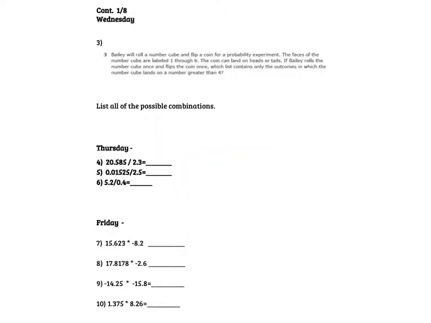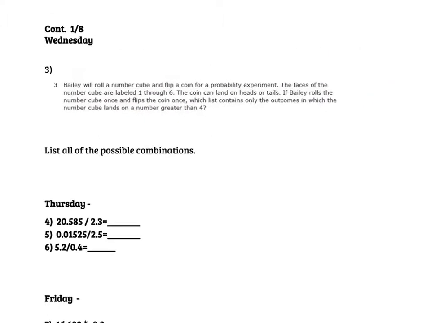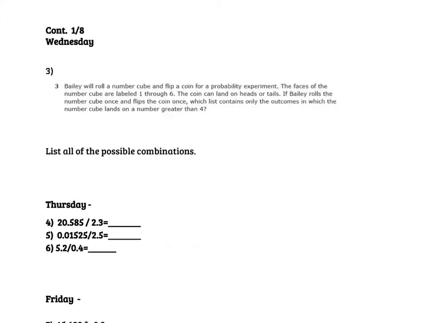Number 3. Okay, we talked about this the very first day, and I know it's confusing because it says which list, but underneath it I put list all the possible outcomes. If I have a coin, how many options do I have? I have heads and tails. If I have a number cube, I have 1 through 6. So all my possible combinations are going to be heads 1.